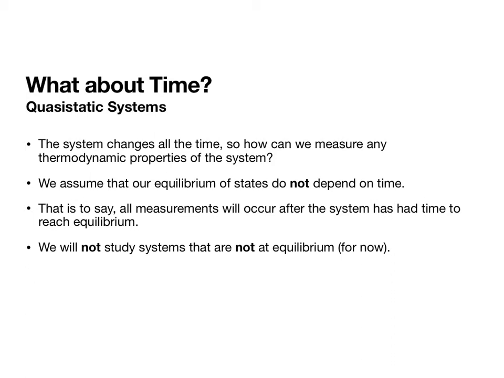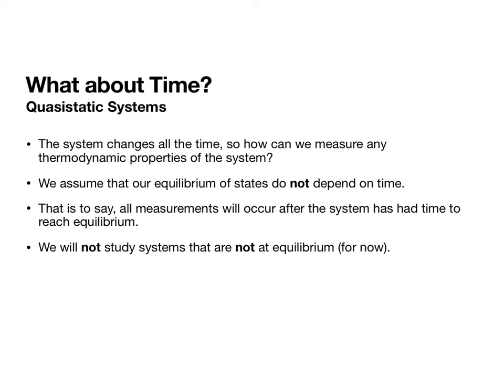The state of the system changes all the time. Remember, we were talking about our atoms in our box moving around based upon temperature, having this energy of translations, rotations, and vibrations. And so with this, how can we measure any thermodynamic properties of the system if the thermodynamic properties are defined of the system and not of one configuration of the system?